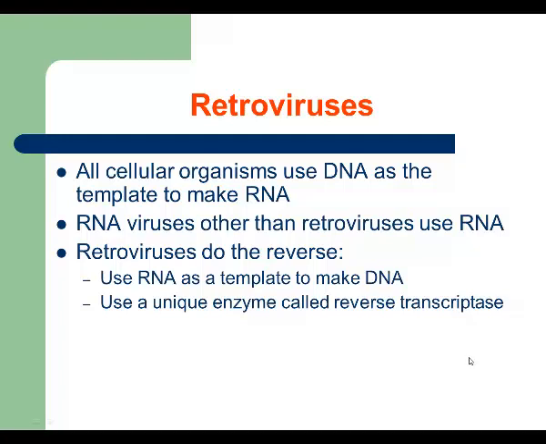So the question is, why do retroviruses use an RNA molecule as a template? Because retroviruses, for example, HIV virus, are RNA viruses. But why do they make a DNA copy of their RNA molecule?